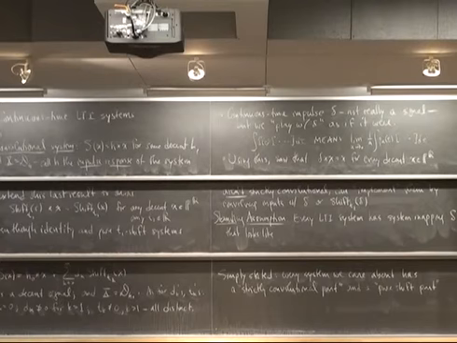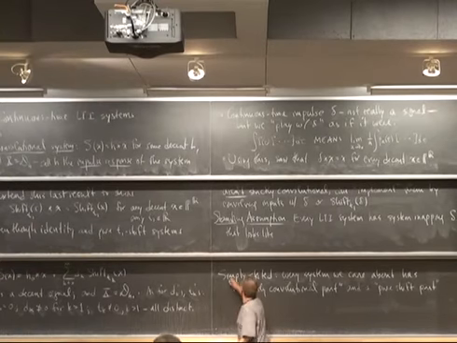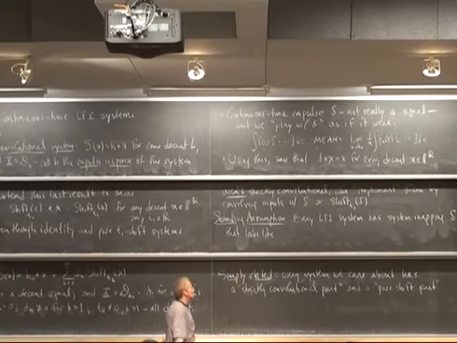And either or both of those might be absent. If they're both absent, it's the zero system. But that's the simple idea. There's no more complicated I/O relationship in continuous time that we're going to want to consider. Okay?